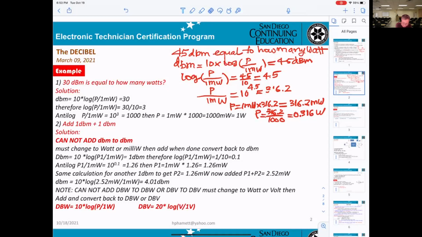That's what they gave me as the wrong answer here. I took 316.2 and multiplied times 0.001, over 1 milliwatt, which is a milli. Yeah, okay, that's right. 31622.